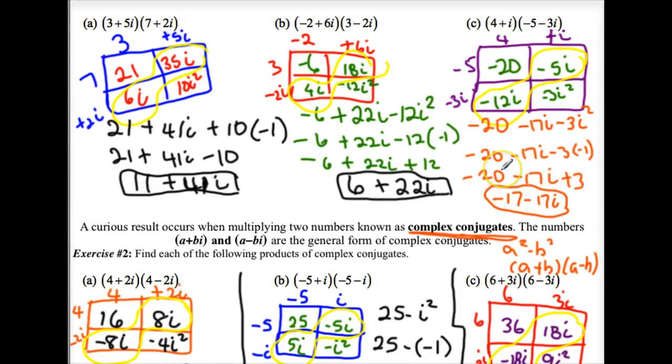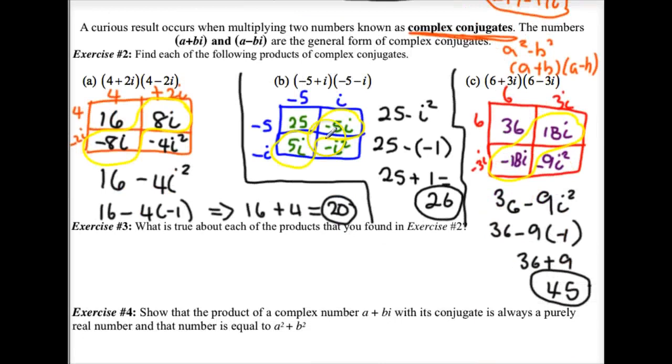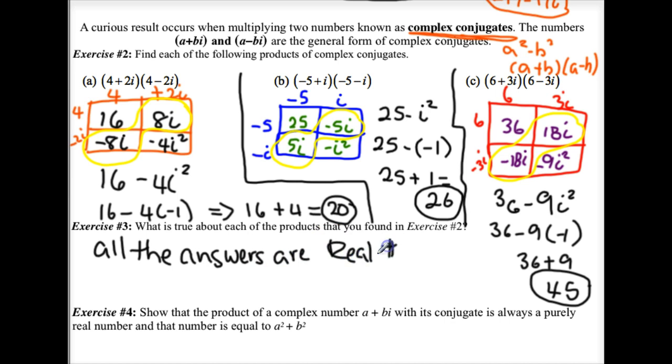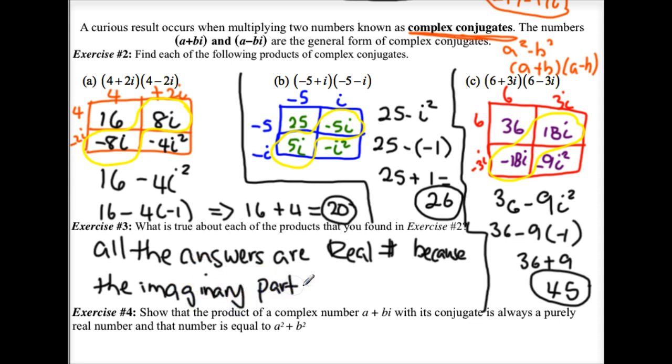You should notice that in question 2, all the answers are real numbers because the imaginary part, which is the one with the i, cancel each other.